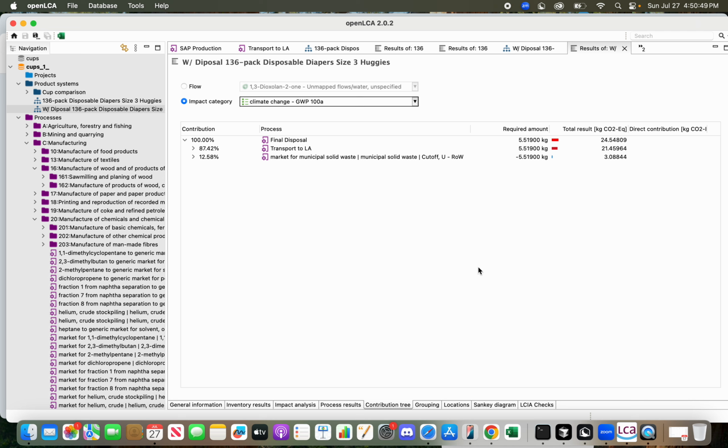And we didn't go into reusables here, but if we wanted to model a reusable diaper, we're missing at least 50% of the life cycle impacts when we don't consider the use phase, because it's going to be washed and dried, which requires a lot of electricity and increases its carbon footprint. So that's a very good thing to remember.